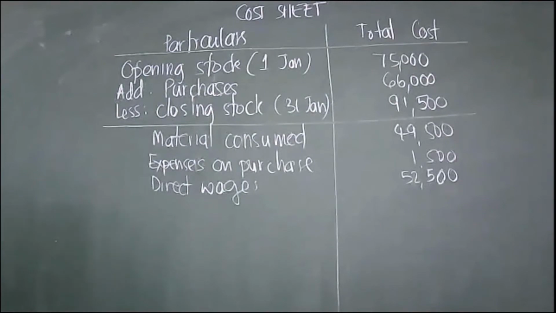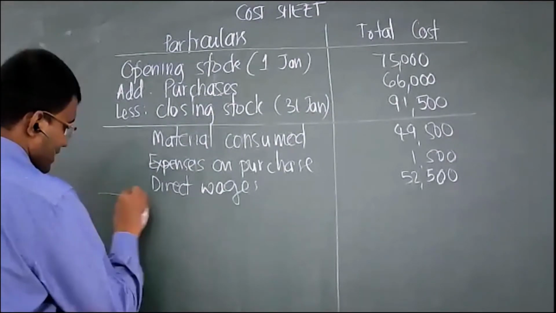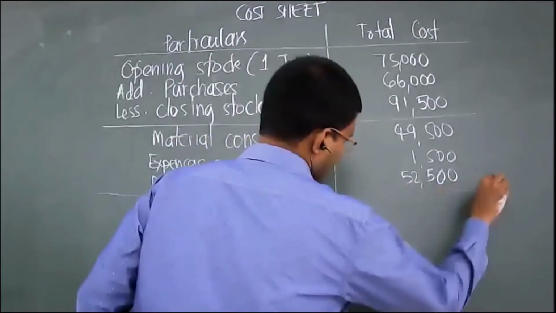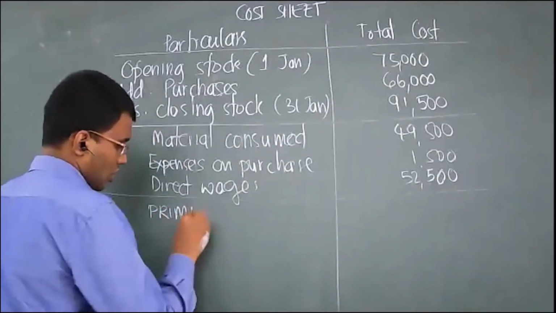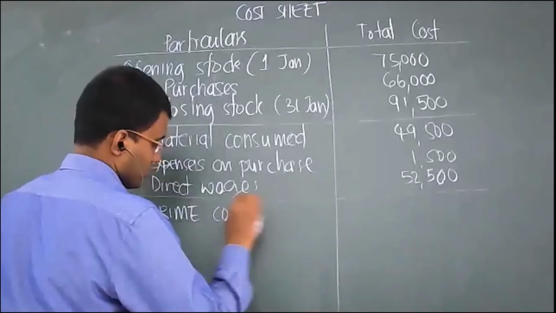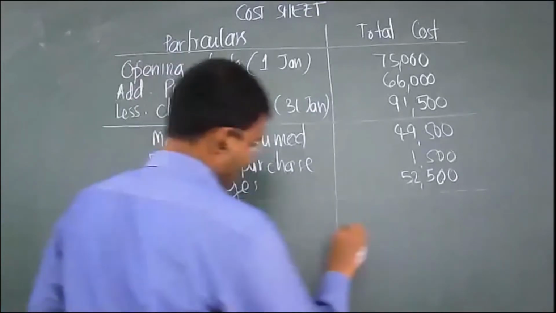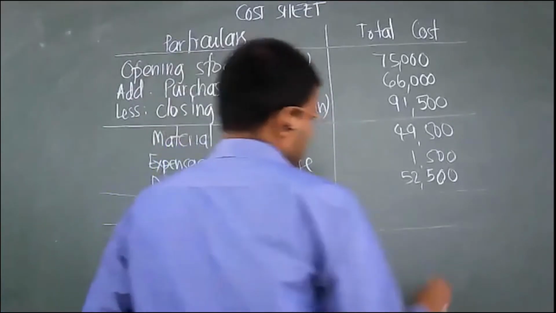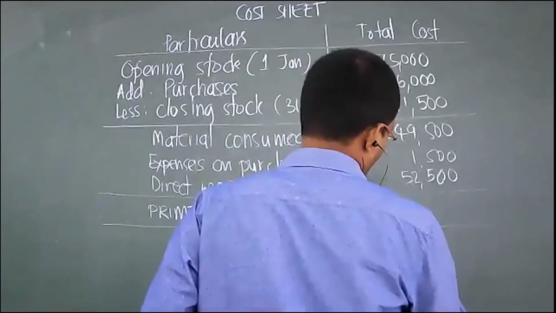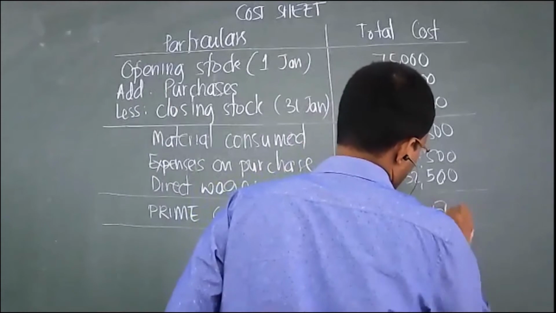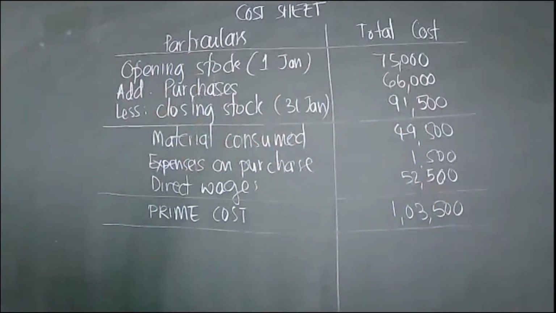When you add this up, the resulting value is called the prime cost, and the prime cost works out to be 1,03,500.